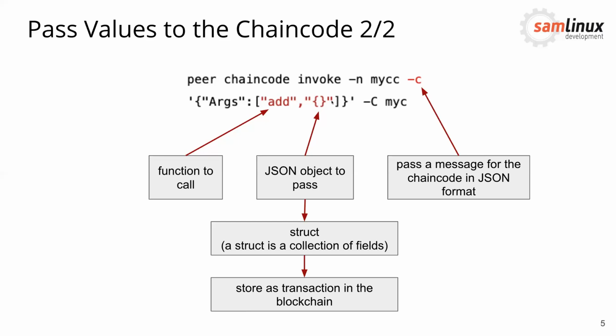That was my thinking, and I have improved the chain code to this, and the rest is the same. On the first position, we have the function to call, here the add function, and on the second position, we have only a JSON object. So we don't need so many parameters in this line here. With this, we can improve this.